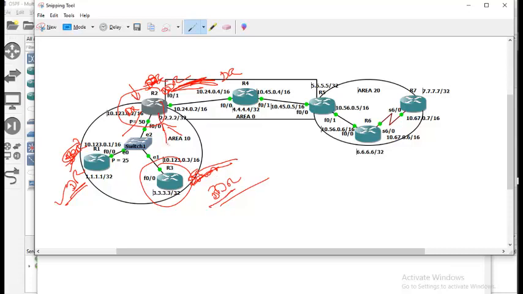This guy says, no, no, I've come back. See, my priority is 50, and your priority is only 1. So I'll take the BDR. So it has got at least a BDR posting in this. So there are 2 BDRs: in this link also BDR, and this link also BDR.